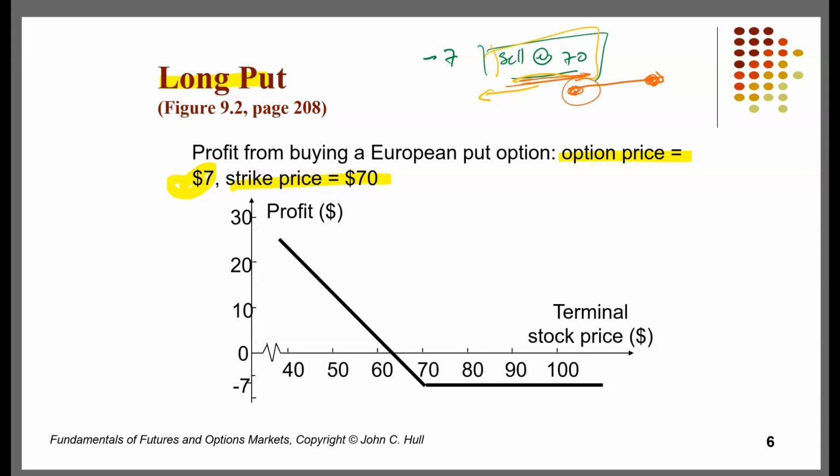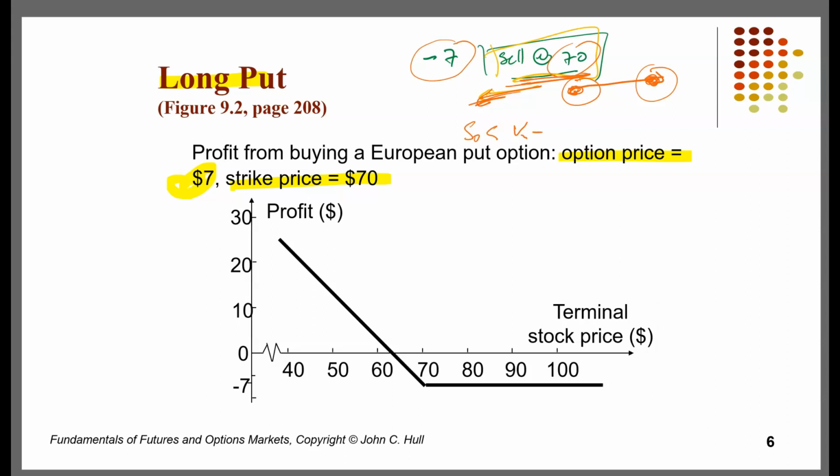We let the option expire and we sell in the open market. So the long put option makes a profit only if the value of the underlying, that is S0 here, is lower than the strike price, that is K. Now, this doesn't account for the cost, so we also want to account for that cost.